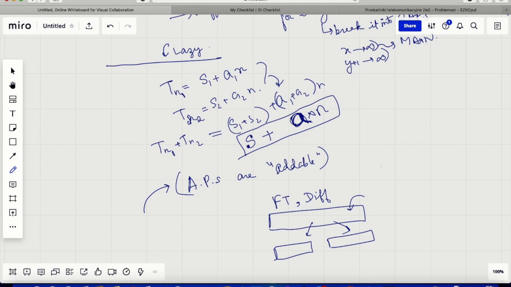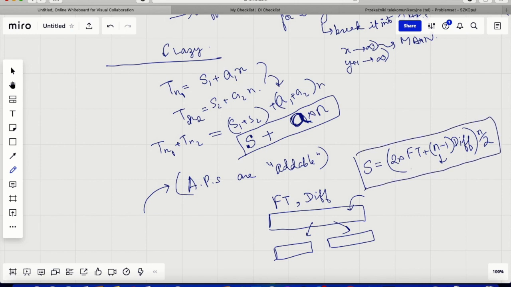That is given by sum equal to 2 into ft plus n minus 1, where n is the length of the range, into diff, whole into n by 2. This is a standard AP sum formula. If there are n numbers with ft being the first term and diff being the difference term, we can easily find this. Now how do I update my children?